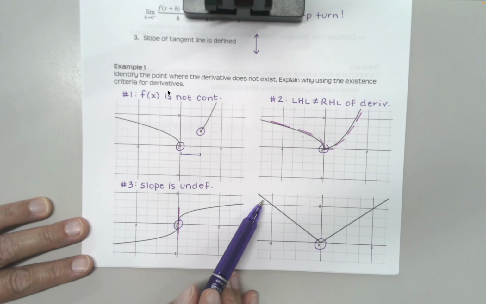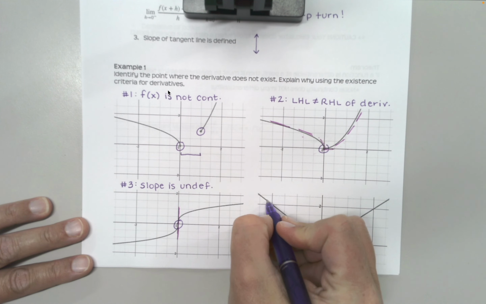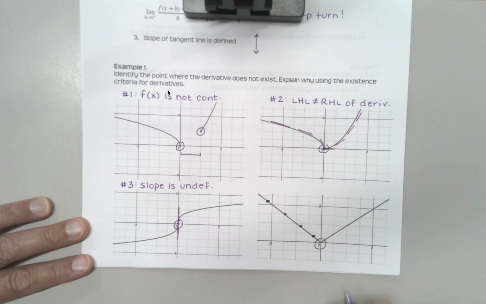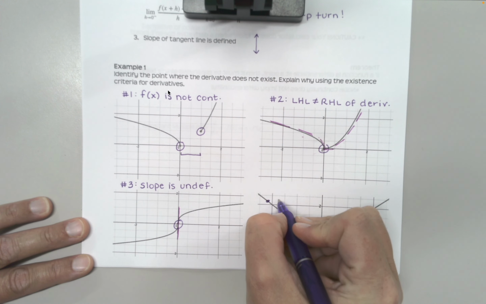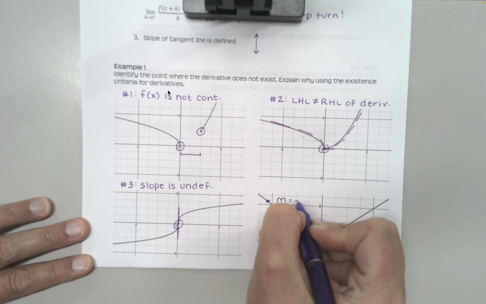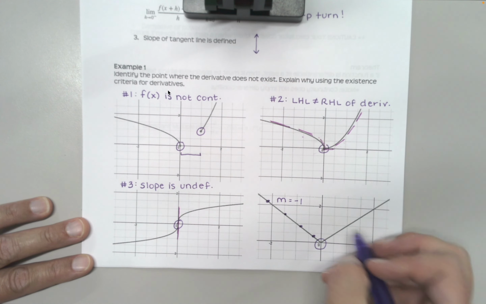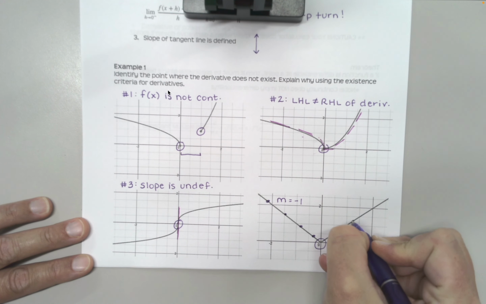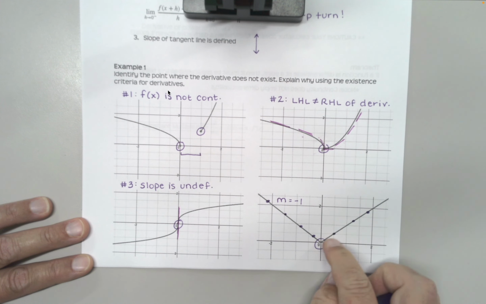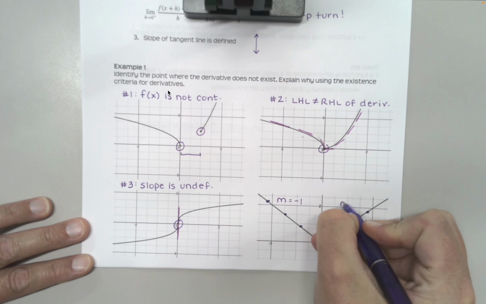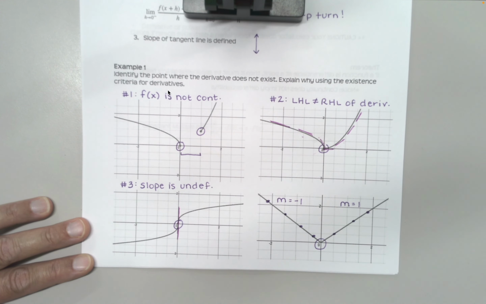And here's why. If I were to pick a point anywhere over here, pick this point, pick this point, pick this point, and I say take the derivative, you're going to tell me that that derivative is equal to -1, because this segment of the graph all has a slope of -1. If I were to do this side and pick this point or this point or this point, any of the points along this line, and find a slope, you would tell me this slope is +1.